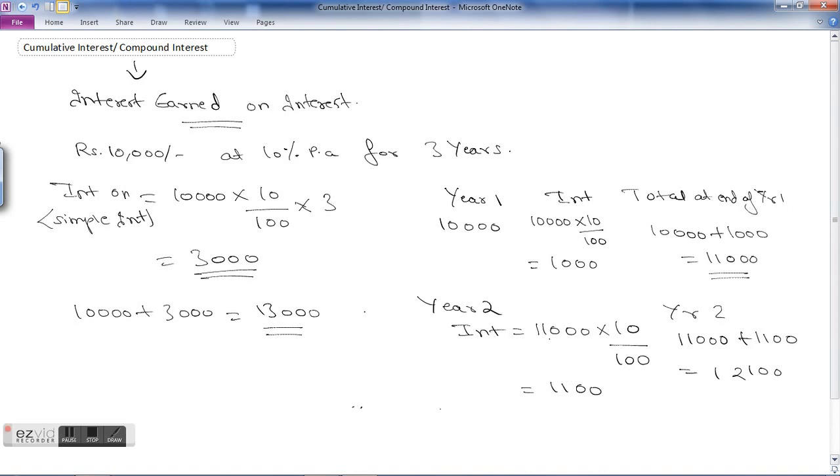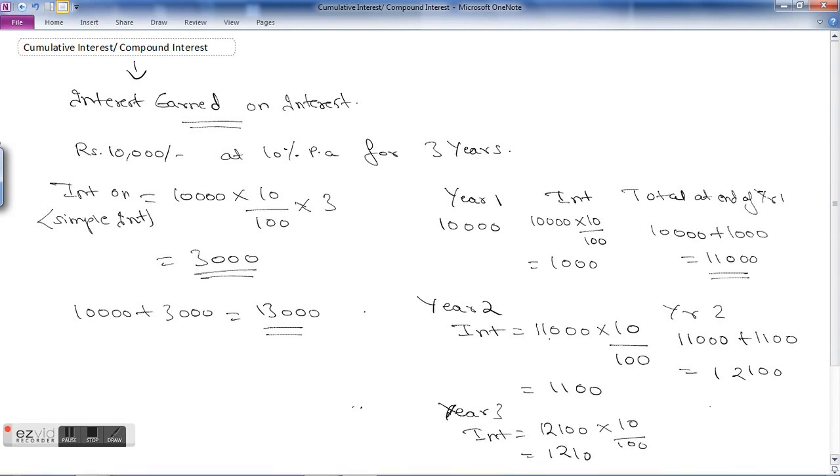Now in year 3 the interest will be 12,100 into 10 by 100. So you are earning interest on the 10,000 principal amount plus the 1,000 interest of year 1 plus the 1,100 interest of year 2.